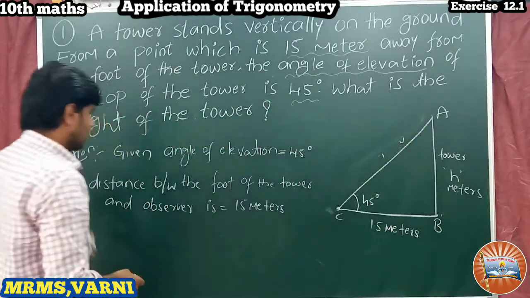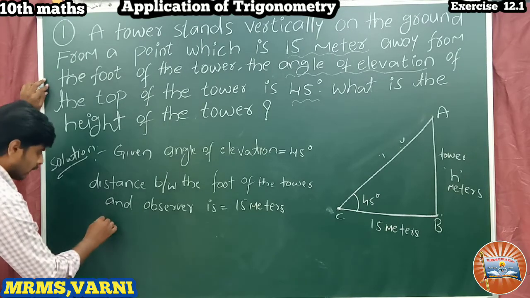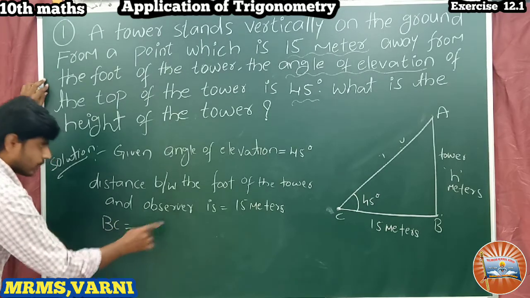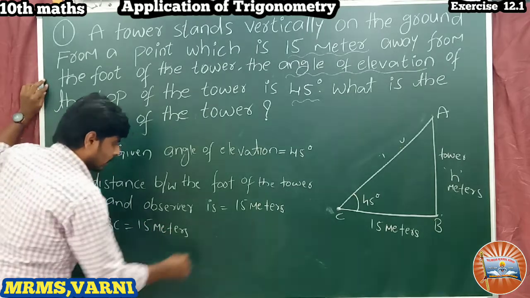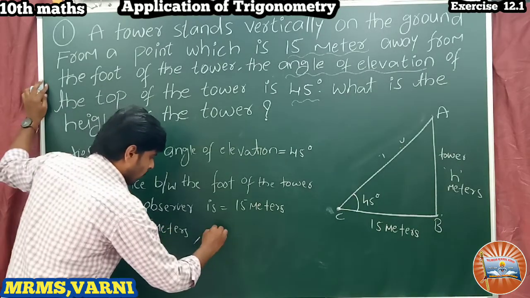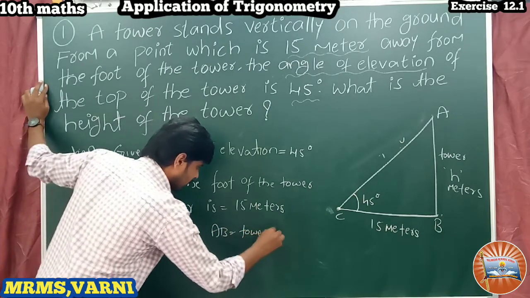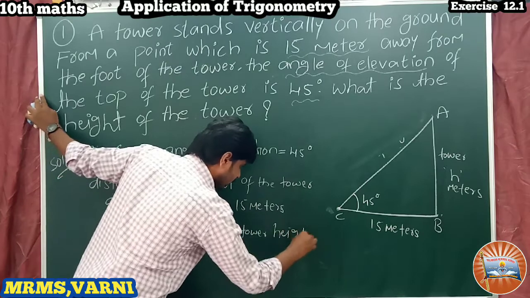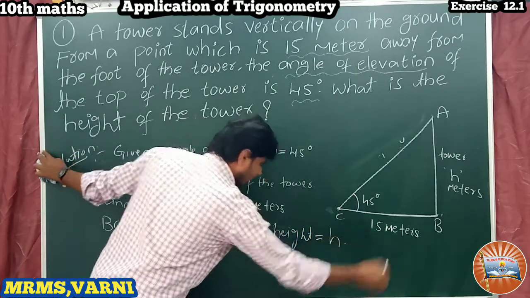That is, BC is equal to 15 meters, and AB, the tower height that we have to find, we consider as H meters.